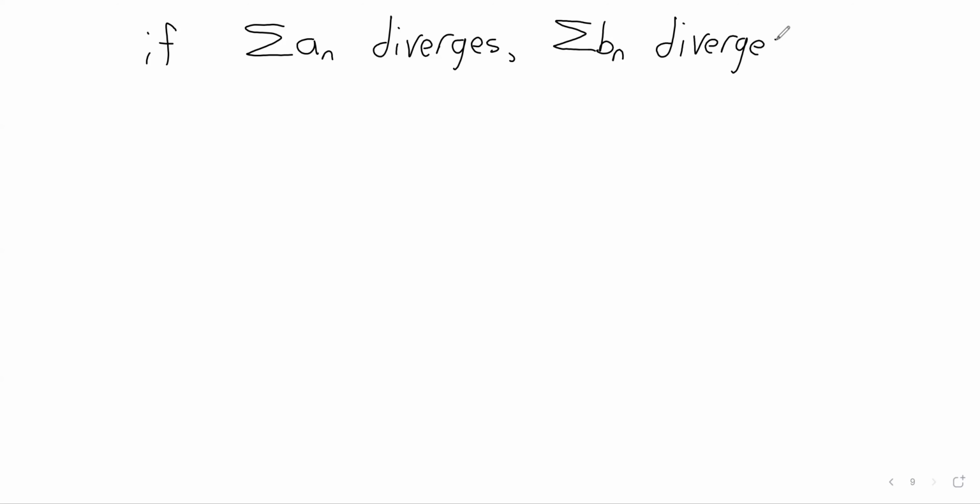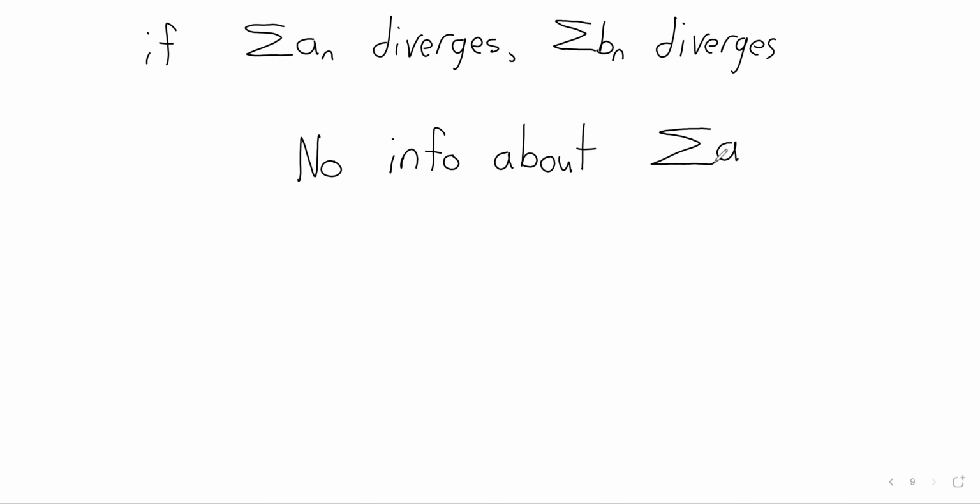If A sub n diverges and B sub n diverges, we have no information about A sub n plus or minus B sub n.